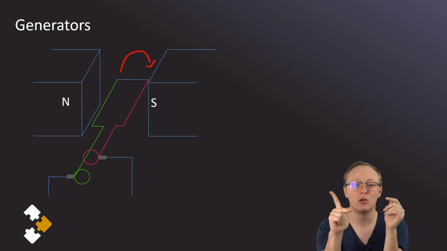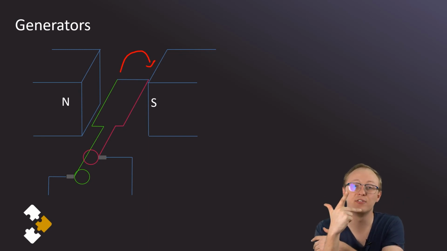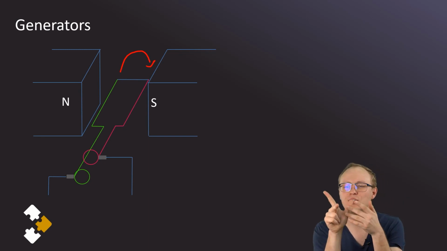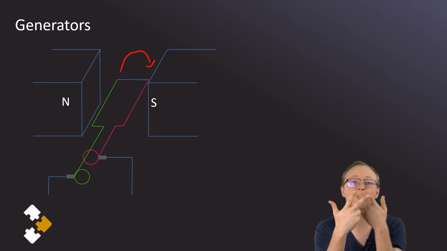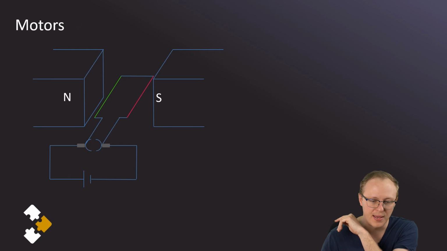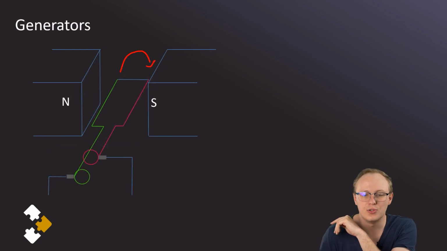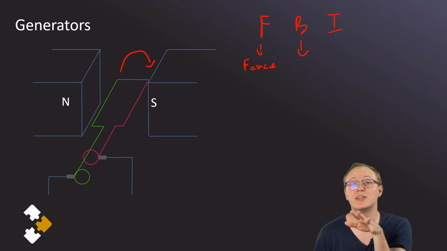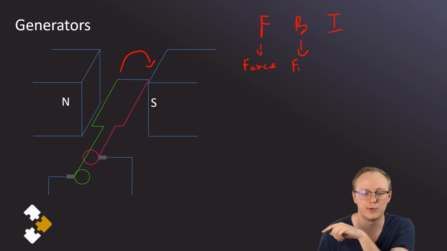Okay, so once we've got our hand in the appropriate way, we've got to know what each of these fingers is going to represent. A common way of remembering this is to use FBI, where the F is for the force, the B is what we often use for the field.